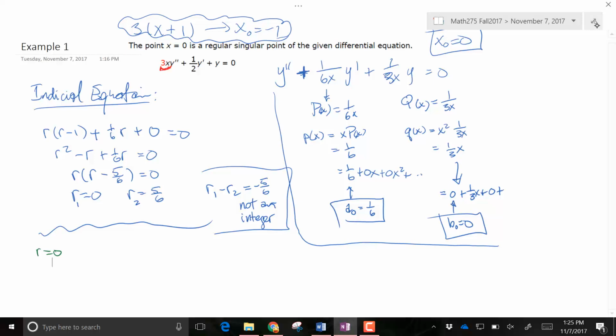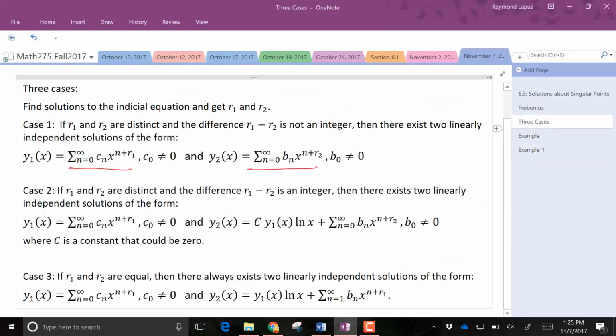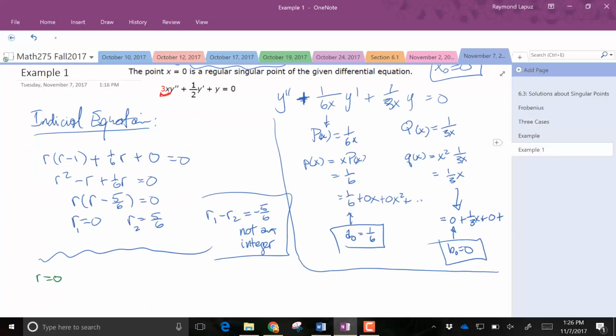When R is equal to 0, according to our three cases, one of our solutions is going to be of the form the series of C sub n x to the n plus R1. If R is equal to 0, then this is just like a regular power series. So let's assume that our solution, y1, is of the form the series n goes from 0 to infinity of C sub n x to the n plus R1, which in this case is 0.